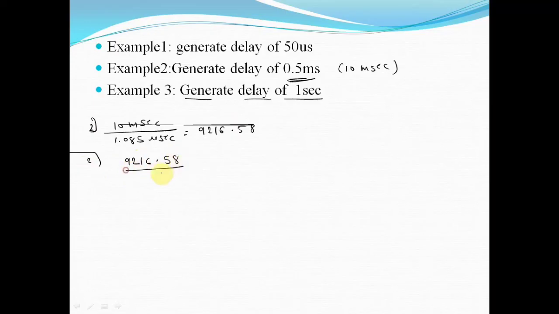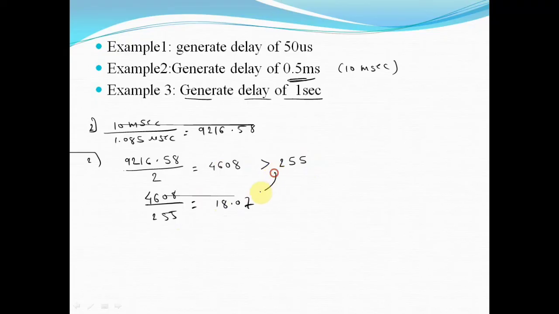Divide it by 2, and after dividing it comes out to be 4608. But you see this count value is greater than 250, so you have to use multiple registers, that means nested loops. One way you can design this is to divide this 4608 by 250. If you divide, it comes out to be 18.07.